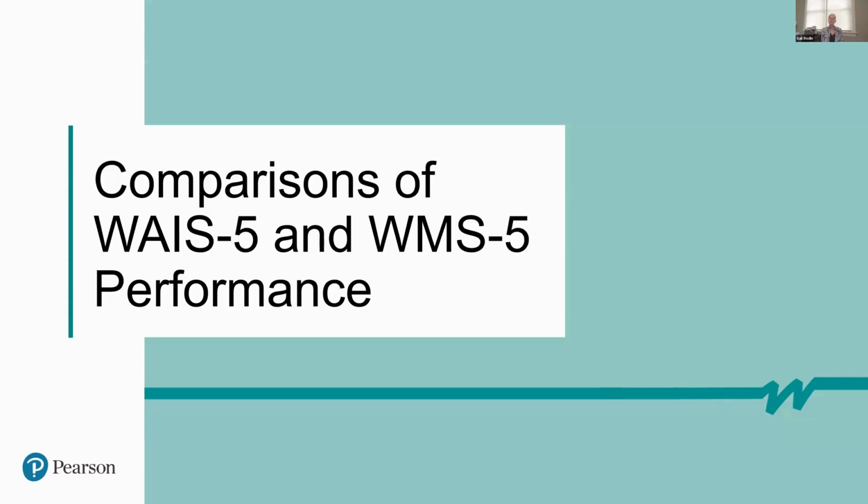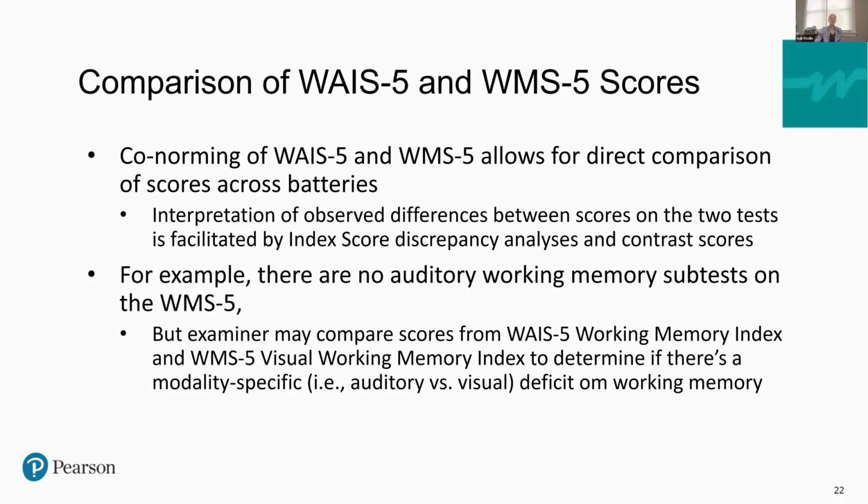So let's move to considering how best to compare performance on WAIS-5 and WMS-5. That is, to compare cognitive ability and memory when both tests are administered. As I mentioned earlier, the co-norming of WAIS-5 and WMS-5 allows us to directly compare composite scores from the 2 tests.